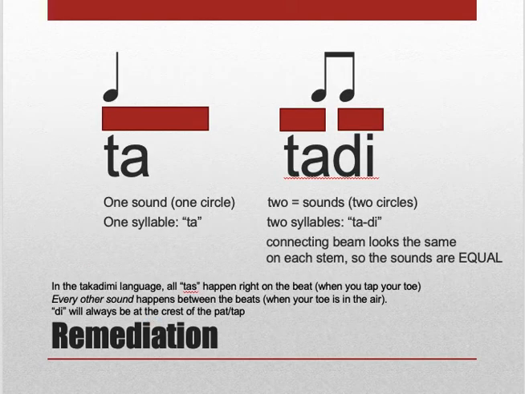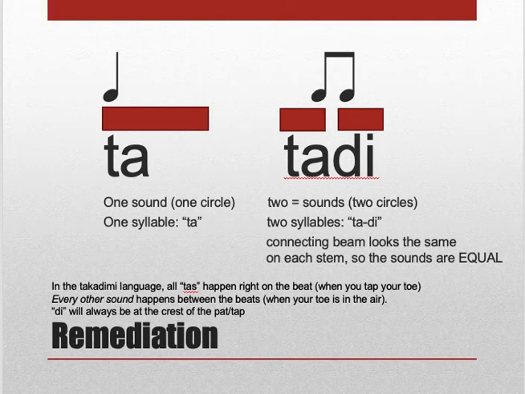The next thing we're going to talk about in class today is to remediate slightly some of the errors that I found when I listened to your Canvas Media recordings today of your reading of ta, which is one sound that fills a beat, and ta-di, which are 2 sounds that equally share a beat.